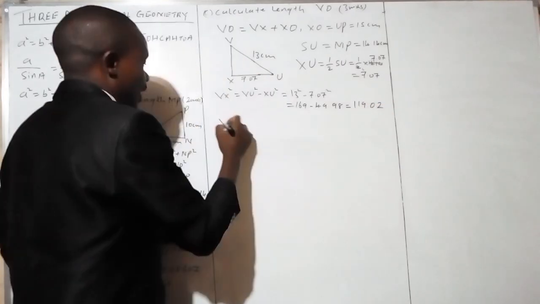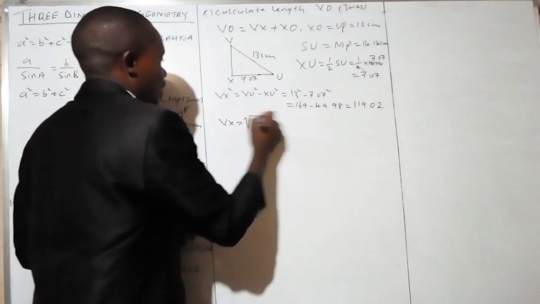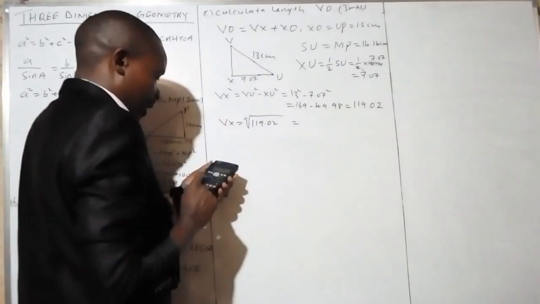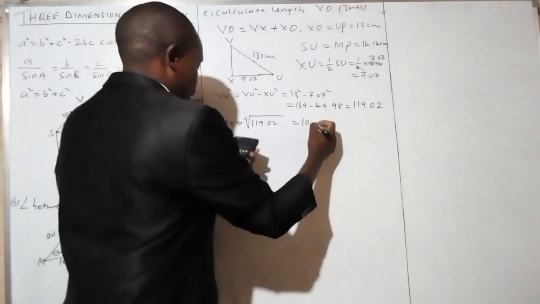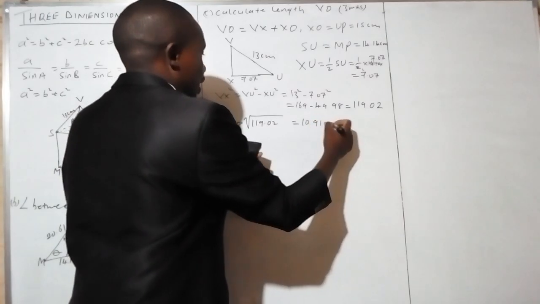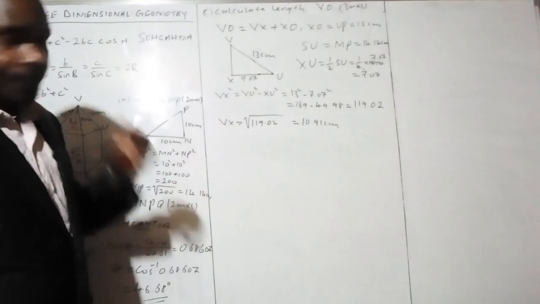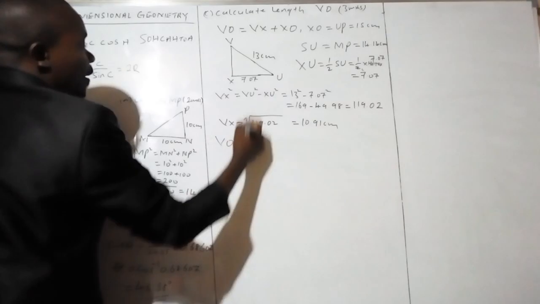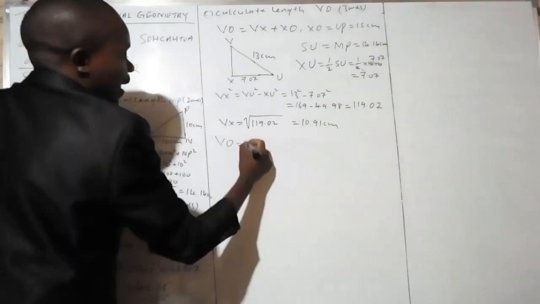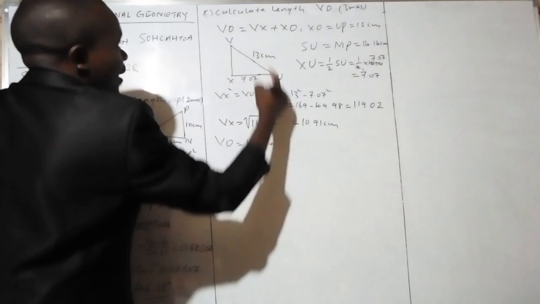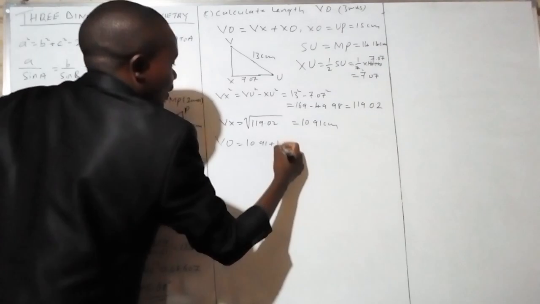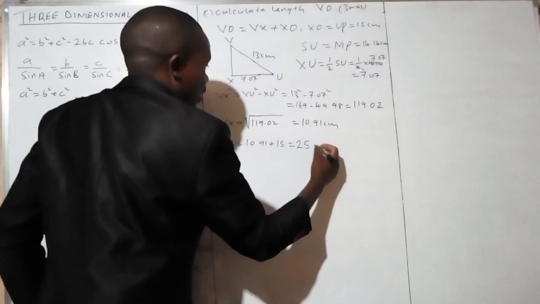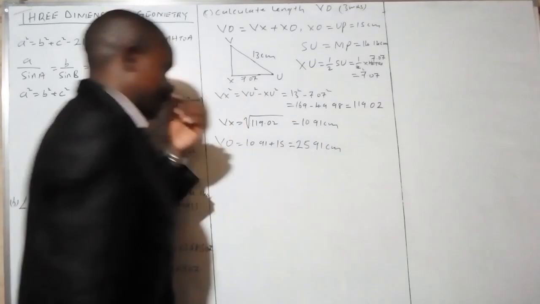VX now is equal to the square root of this number, which is 10.91 centimeters. Now you have VX. Therefore VO is equal to VX, 10.91, plus XO, which is 15. Our answer is 25.91 centimeters. That should be the correct answer.